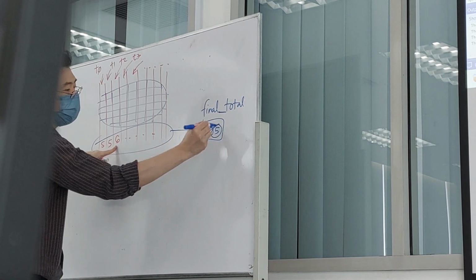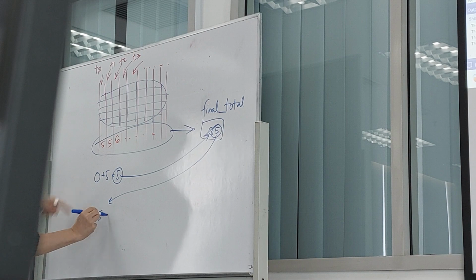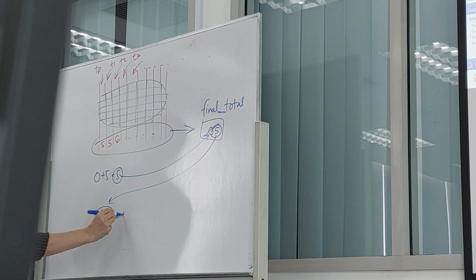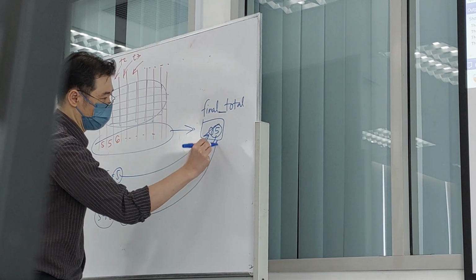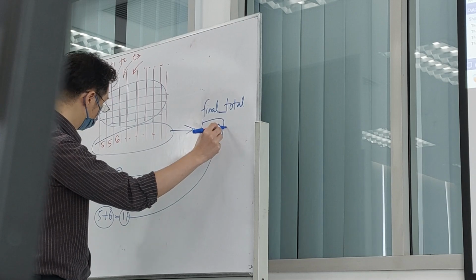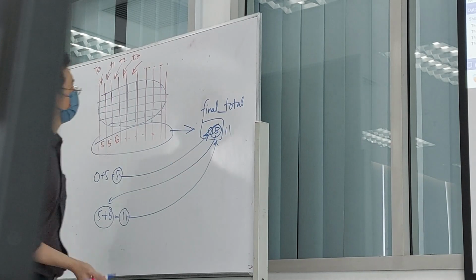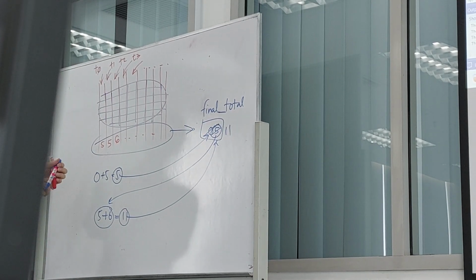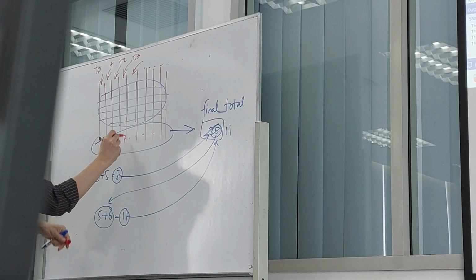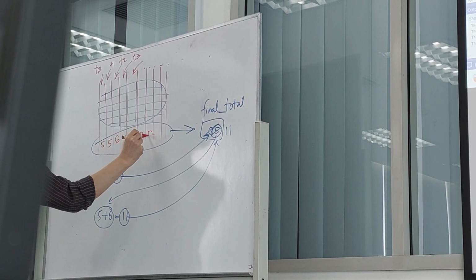You grab this 5, add 6, get 11, and override it. That's 11. Now let's say this one is 8, and this one is 5.